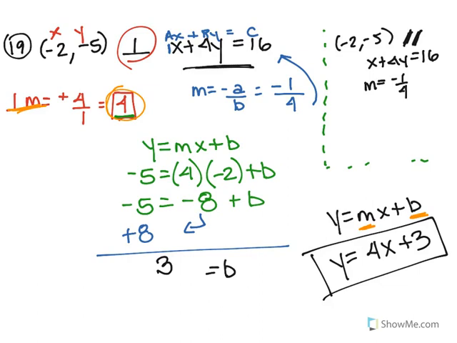So if we know the slope of that line is negative 1/4, then you would use the negative 1/4 in your y equals mx plus b to find b. So keep in mind what parallel means. Parallel means I'm using the exact same slope, versus perpendicular means I must use the opposite, and it's got to be flipped. Okay, opposite reciprocal.